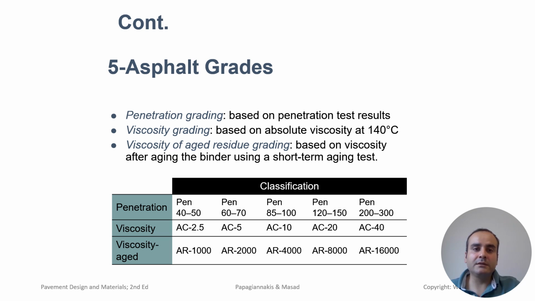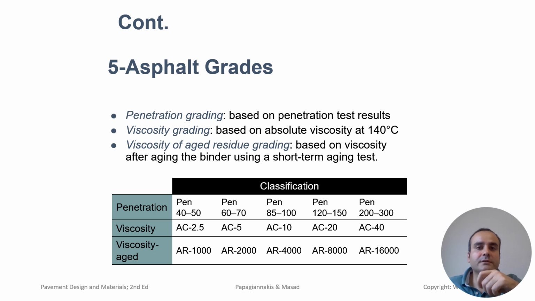This gives an indication of how the binder will behave after it has aged due to heat and exposure to air. This system provides a more realistic assessment of the binder's performance after aging, making it particularly useful in regions with high temperatures or traffic loads where binder hardening due to aging can lead to cracking and fatigue failure.